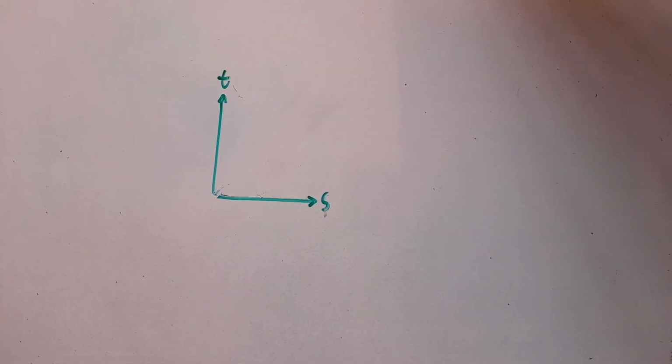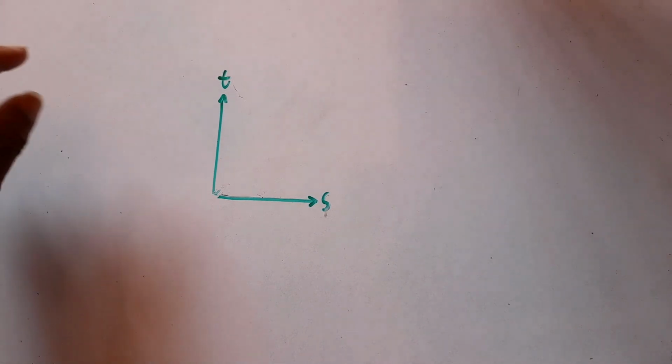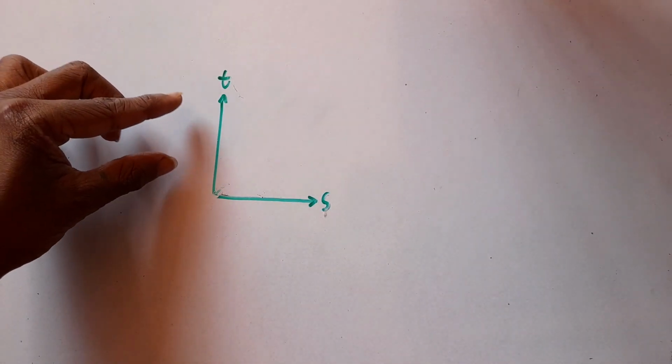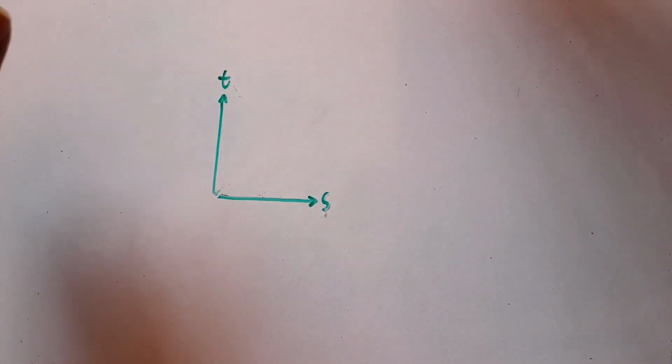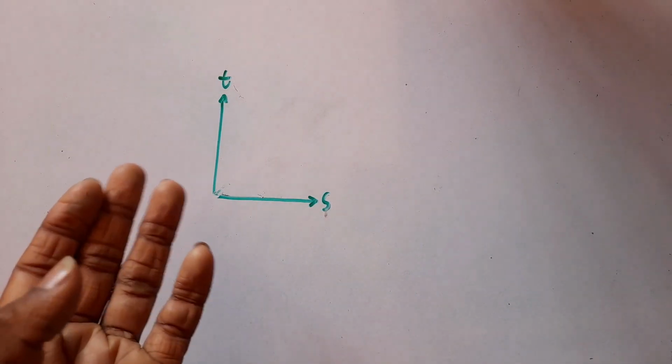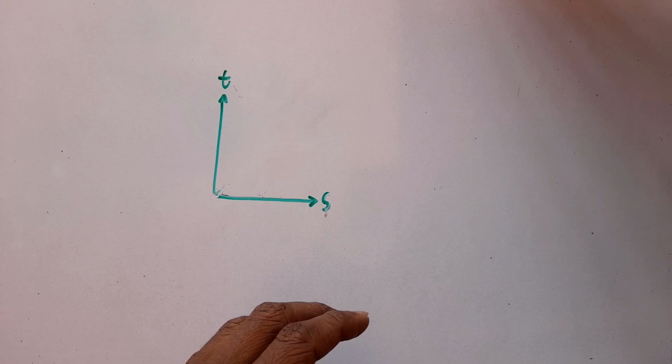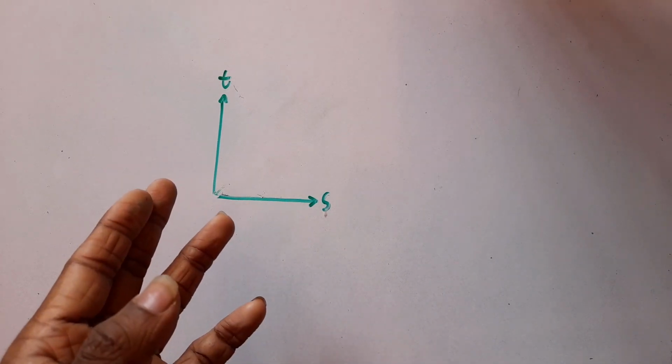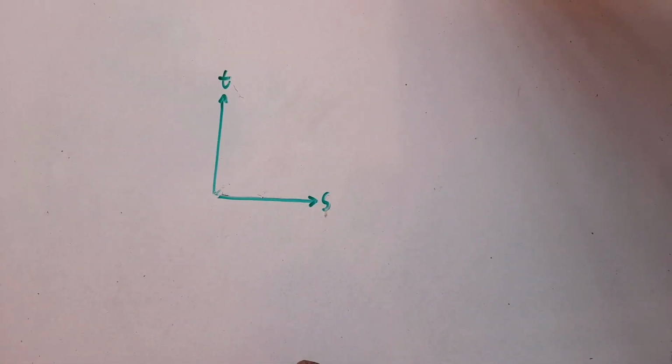Okay, so let's have a look at our coordinate system. This axis represents the time measured by a stationary observer, and this axis represents the length measured by a stationary observer. There's a problem with this coordinate system, and that's having two different measuring units for the two axes, and we want both axes to have the same measuring unit.